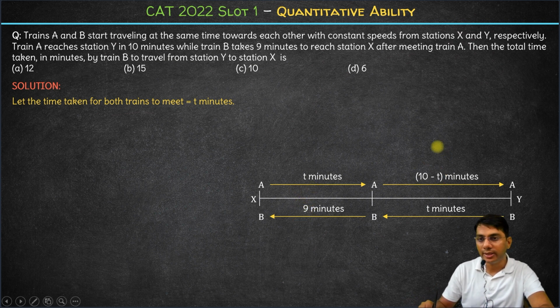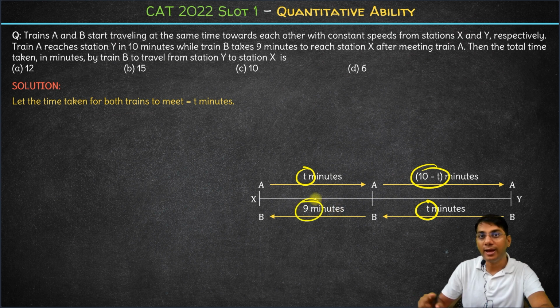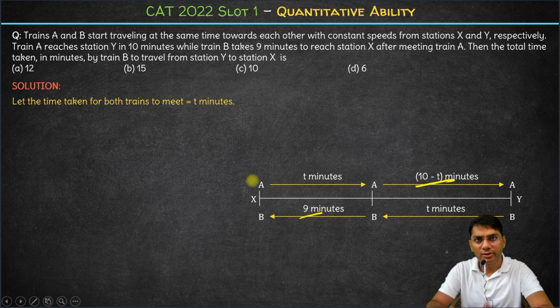And we also know that the square of the meeting time is equal to the product of these two times after meeting. When two people start at the same time, the square of the time taken to meet is equal to the product of the time taken by them to reach the other end after meeting. We have covered this in the theory part.